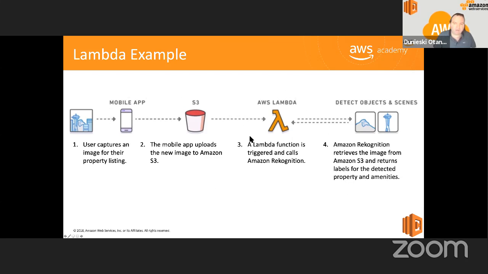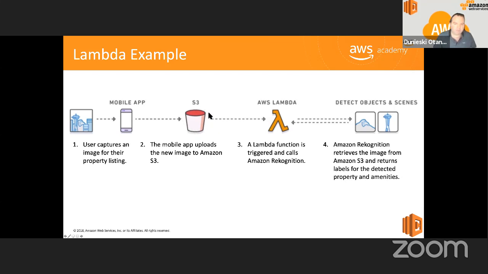The main thing here for Lambda for this exam is that Lambda is triggered by an event. And what's the event? Someone uploads a new image to Amazon S3. But you have to set this up in Amazon S3. S3 is not just going to trigger Lambda by itself.